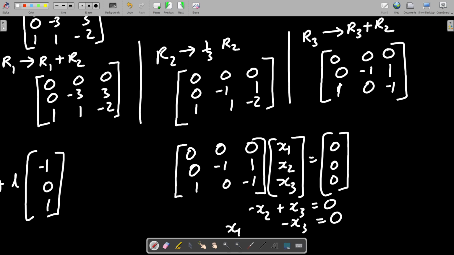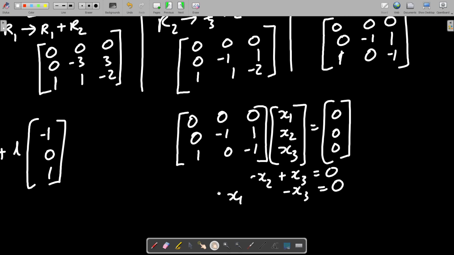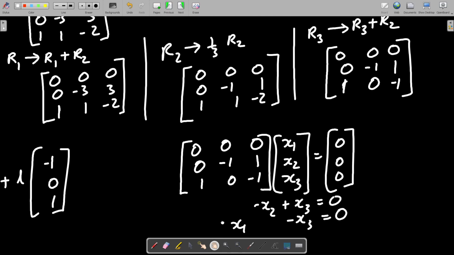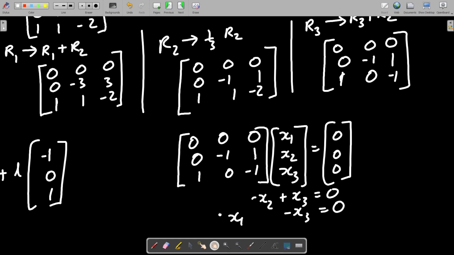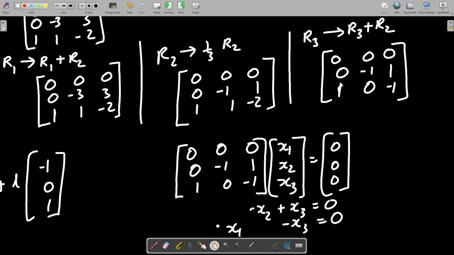So you have two equations in three variables, right? One extra variable you substitute as something. So x1 is equal to x3, right? We'll give it a name now first, then we'll write.